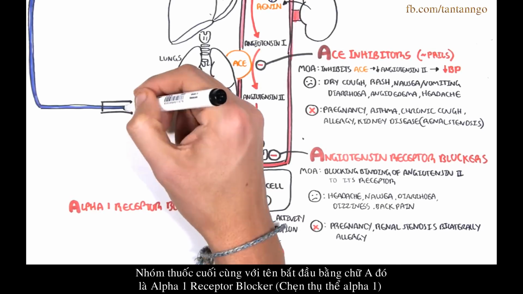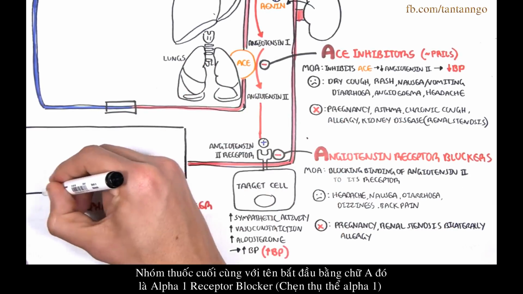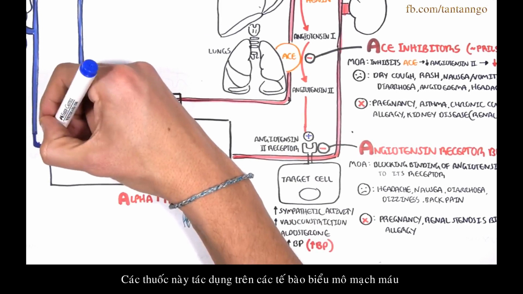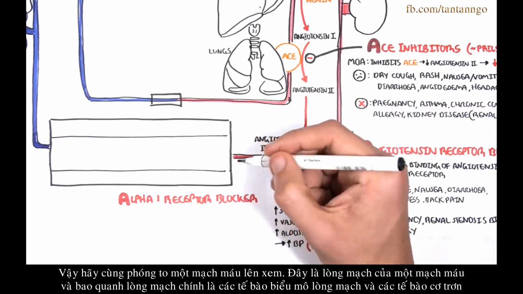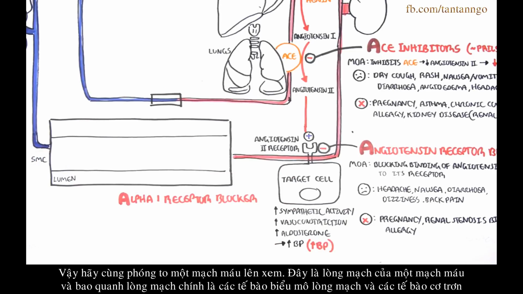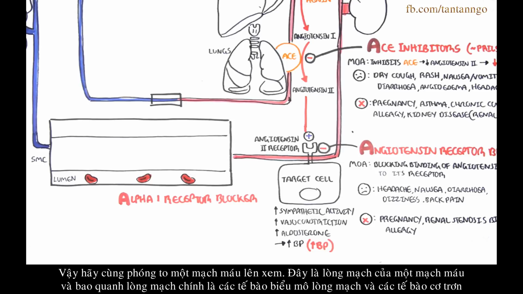Anyway, the final antihypertensives that begin with A are the alpha-1 receptor blockers. These aim to work on the vessel cells. So zooming into the blood vessels, here is the lumen of the blood vessel, and surrounding the lumen are the endothelial cells and the smooth muscle cells.